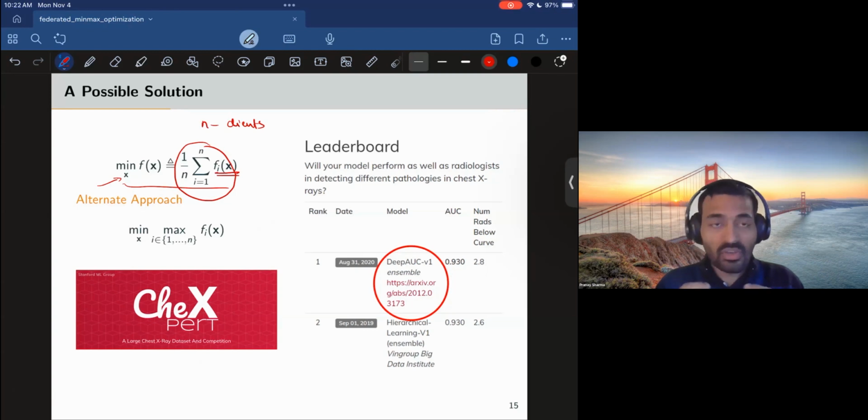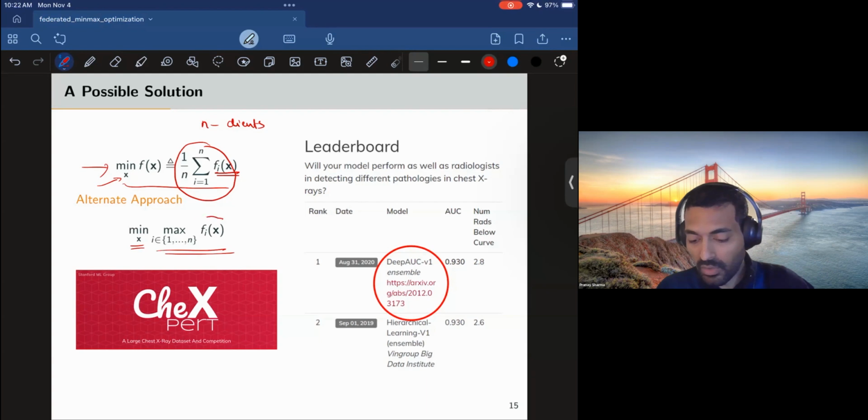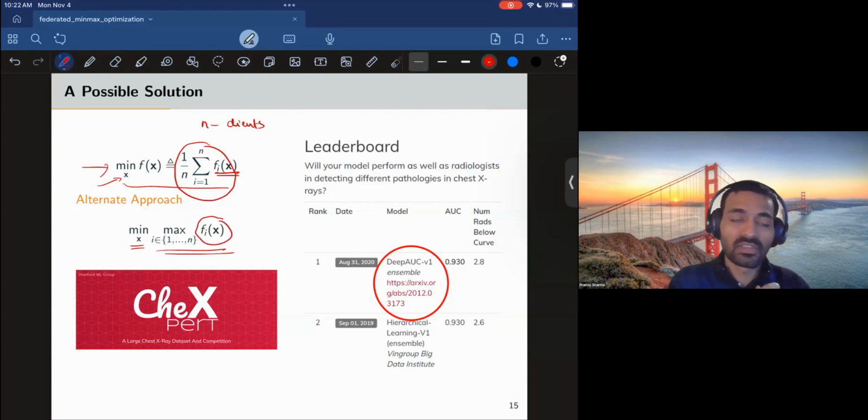And to solve this imbalanced classification problem, instead of trying to minimize this average loss, one possible solution is that we try to minimize the largest loss possible across all the clients, right? So we look at what is the loss or what is the classification accuracy at every client, right?